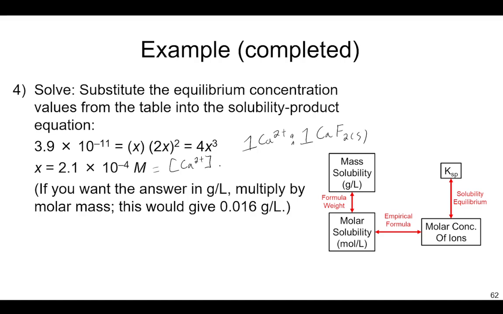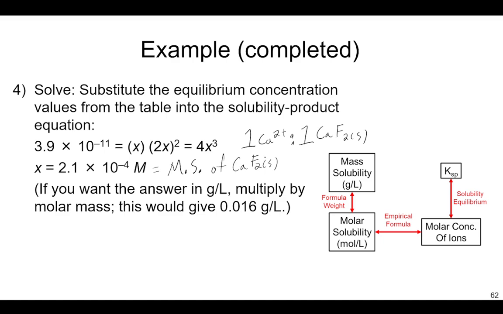If it was a 1-to-2 ratio, then we'd need to multiply by 2. If it was a 2-to-1 ratio, then we'd have to divide x by 2. But a lot of times it's going to be a 1-to-1 ratio, and so our x here will just represent our molar solubility of calcium fluoride. So that's what the question was after, and we're done.